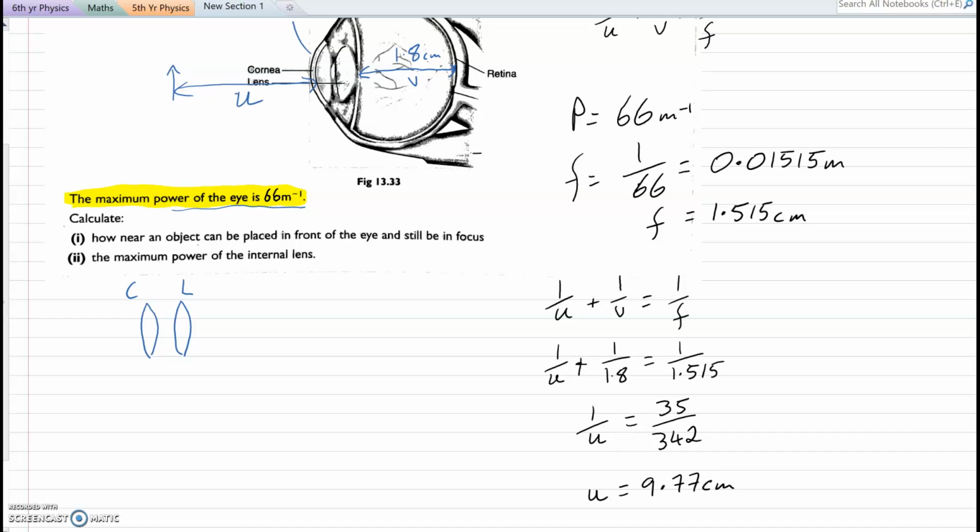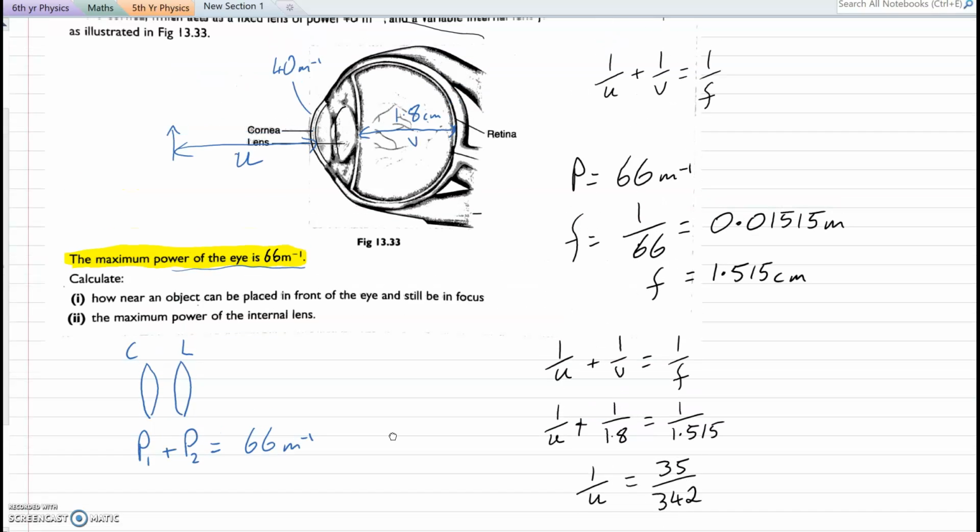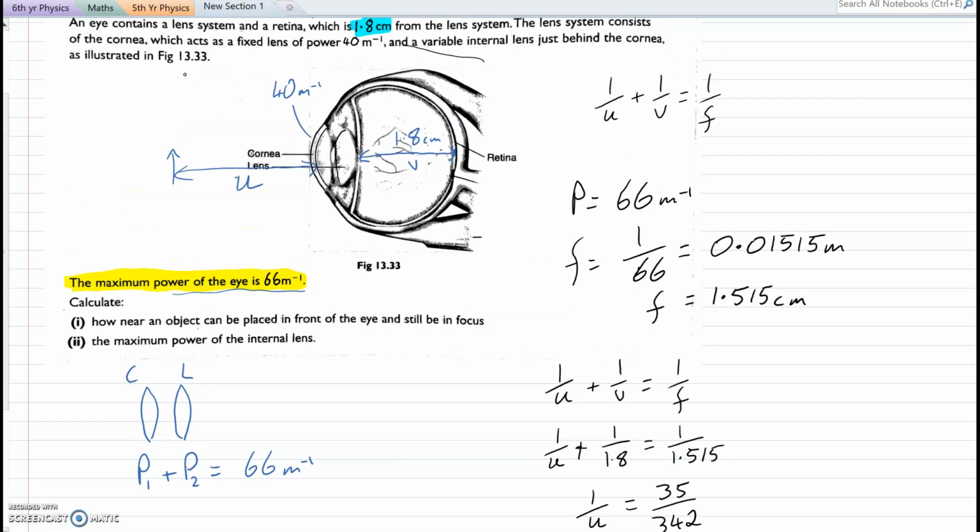So if we write that out here, we know that P1 plus P2 is equal to 66 diopters, right? 66 per meter. Well, they've given you in the question that the cornea has a power of 40 per meter.